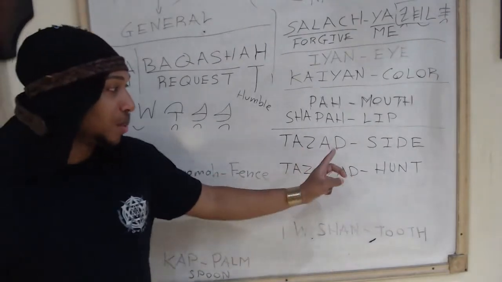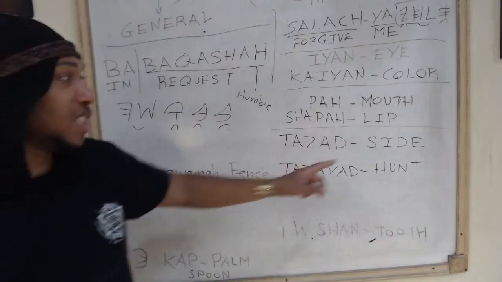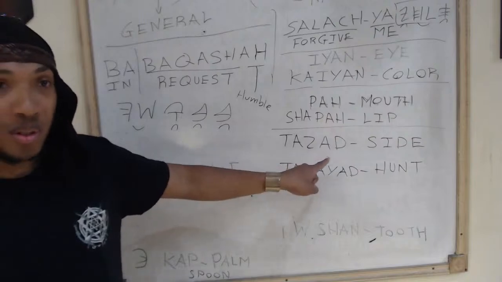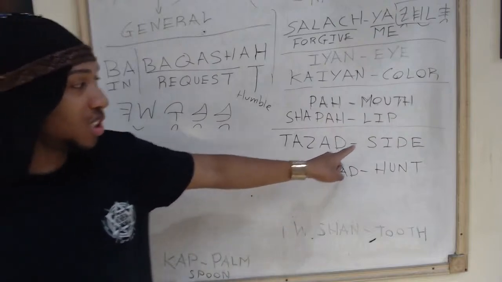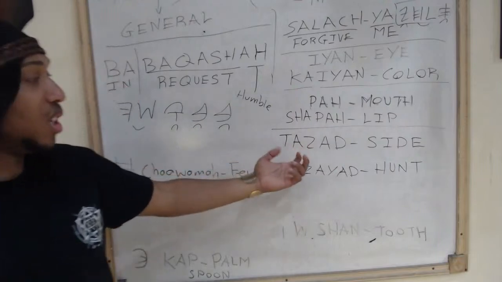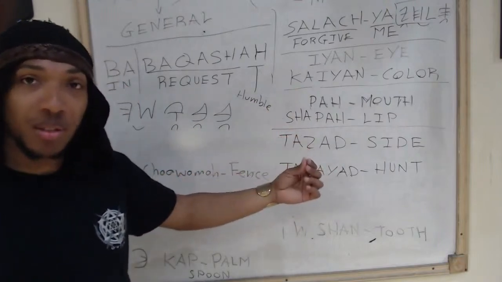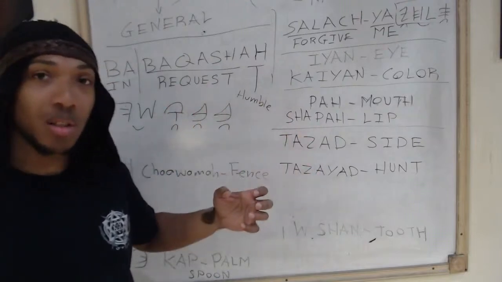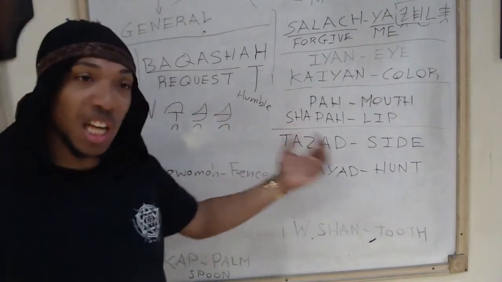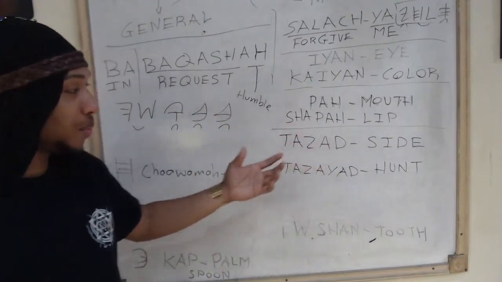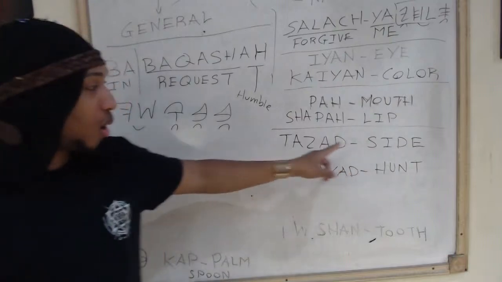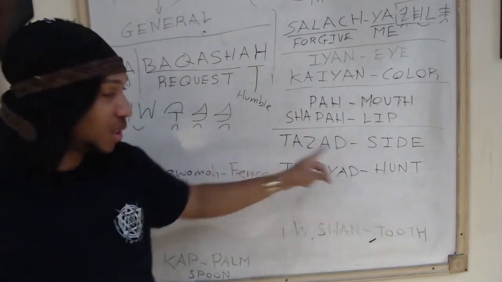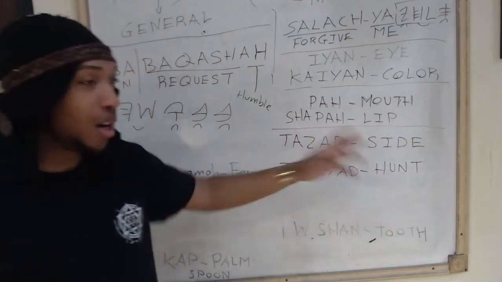And my personal belief is that the word side comes from tazad, because tazad is the T and the Z sound together. We don't have that letter in English, but it's a T and a Z sound together. And the word side comes from tazad. English is born out of Hebrew.